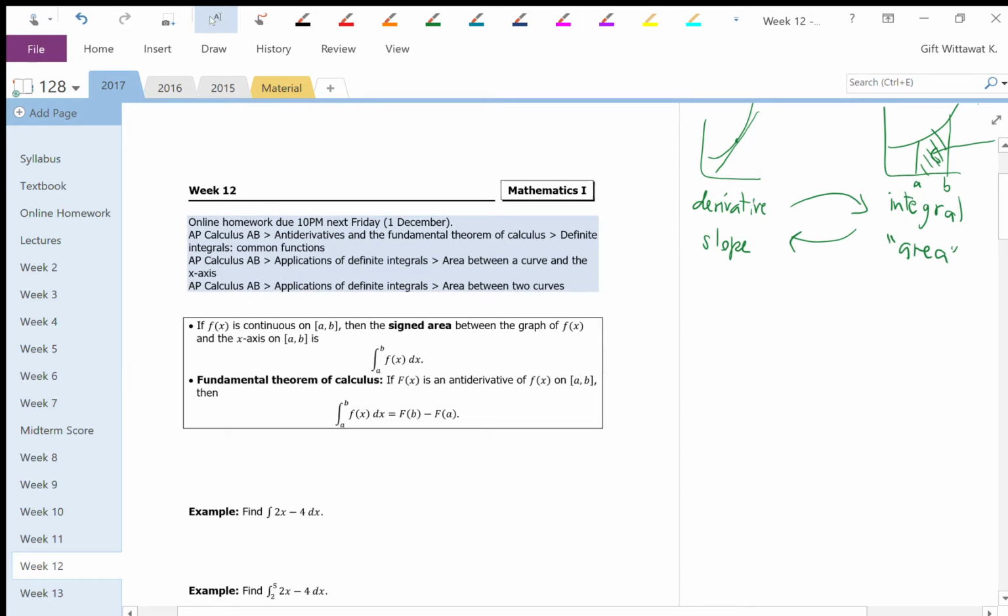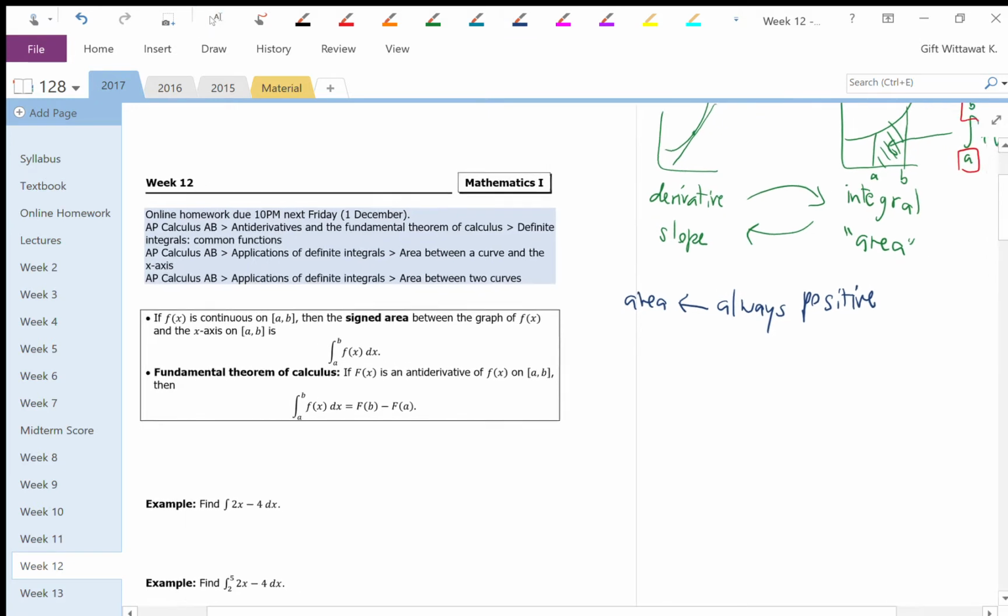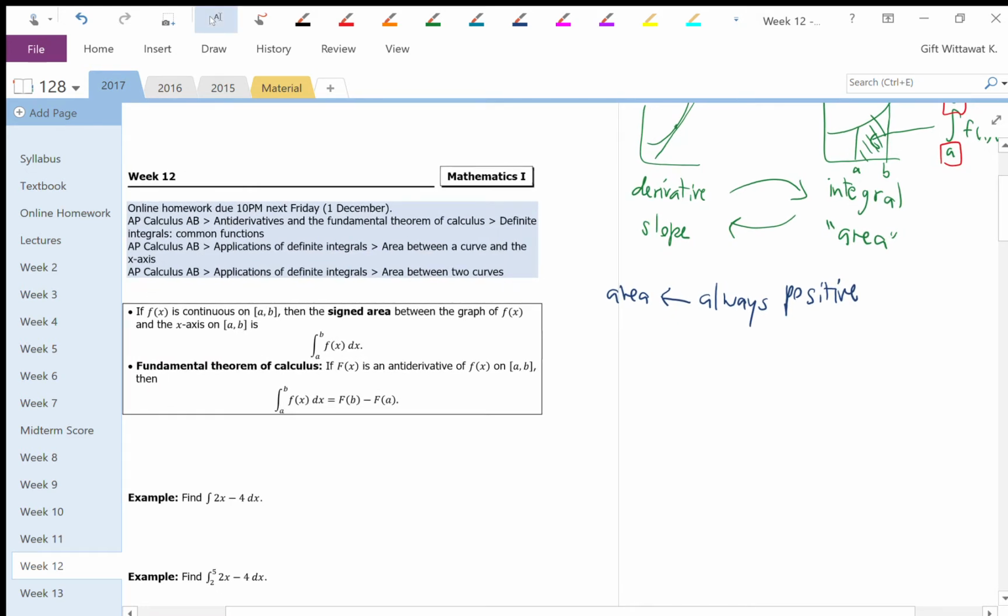When I say area, it's not completely correct. The technically correct term would be the signed area. Typically, when people think of area, the area should always be positive. However, the integral of a function can sometimes be negative. So what it actually computes is what we call the signed area.